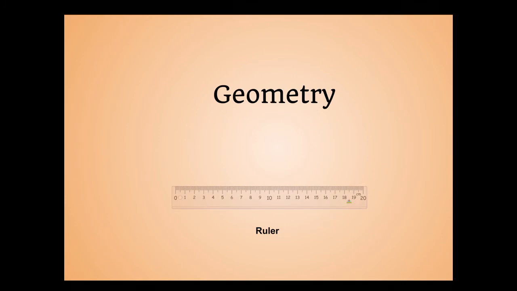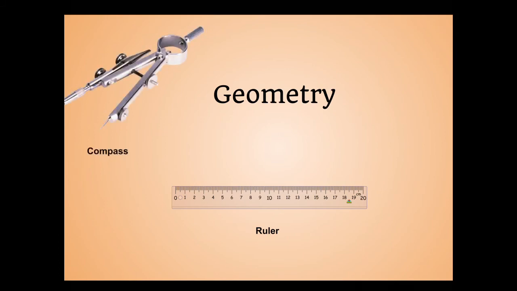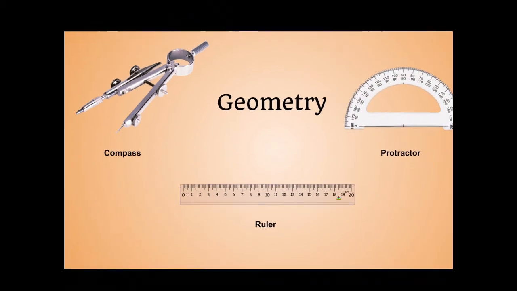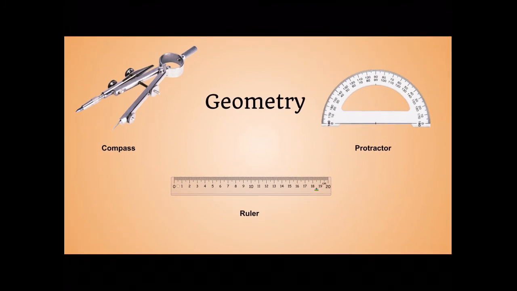The ruler, or straight edge, is just a way of drawing straight lines, measuring how long they are. Another one is the compass. The compass is used for drawing circles and curved lines. And another geometry tool is the protractor. That's used for measuring angles for our triangles, or identifying shapes based on how big their angles are.